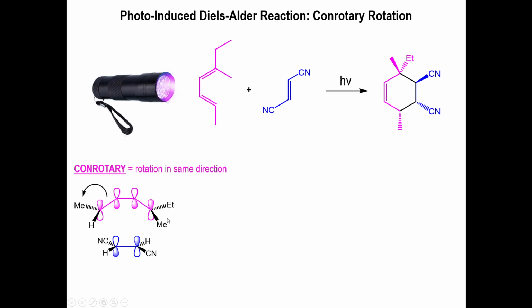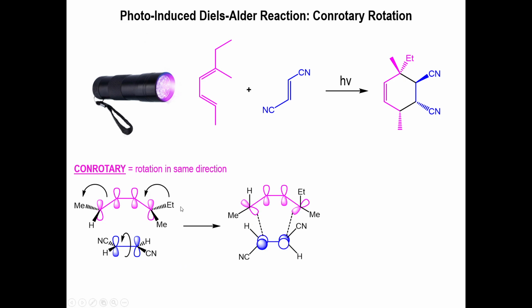Instead, we want to rotate this counterclockwise, just like the left side, so that we bring the shaded orbital closer together to the dienophile. So what this is going to do ultimately is move the hydrogen on top, as you see right here. Methyl will now lie below the hydrogen as this moves counterclockwise. And similarly here, if we do counterclockwise rotation, the ethyl will end up positioned above the methyl, right? So that's what you're seeing right here once that happens.